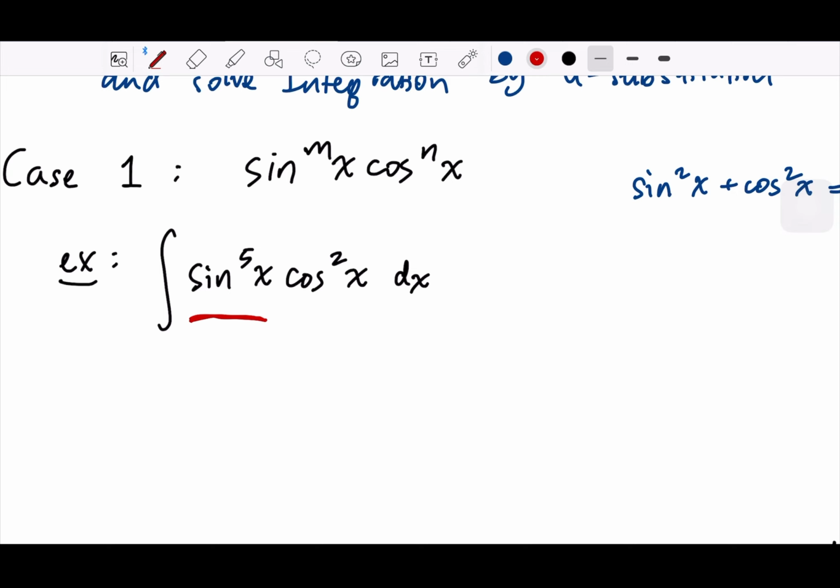So let's try to see that form. This will be sine squared x and then squared, and then sine x and then cosine squared x dx.